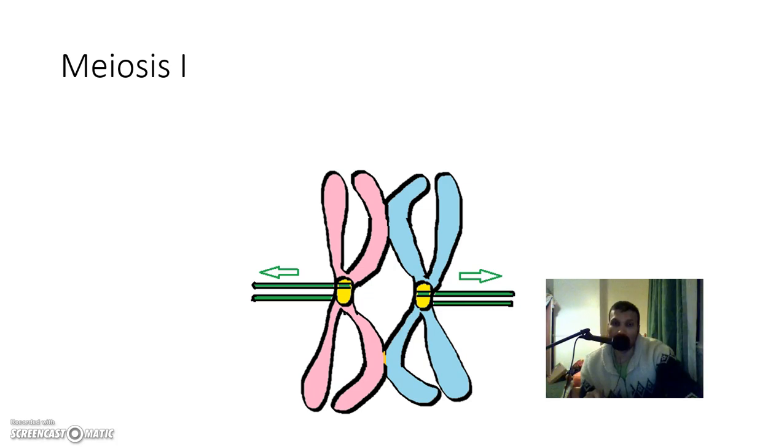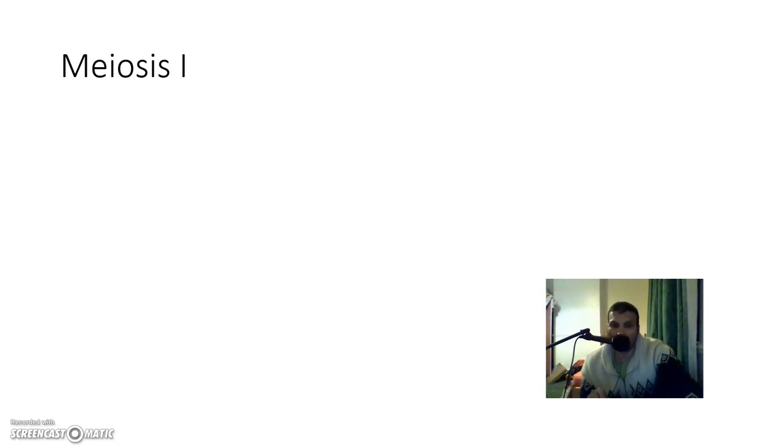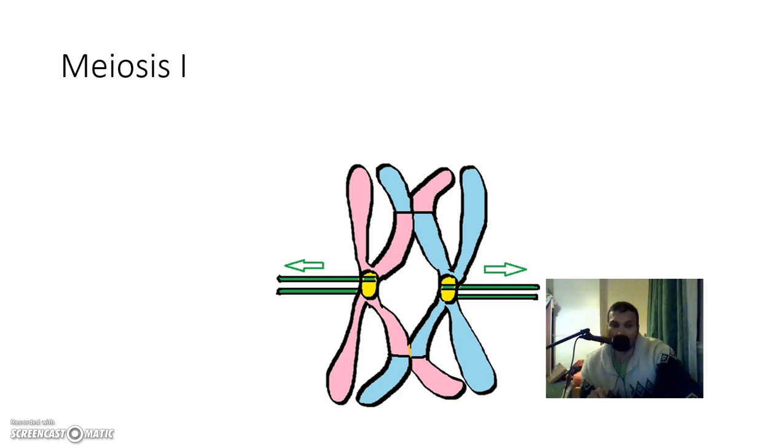This is the major difference between mitosis and meiosis, where you have mono-orientation in the first round of meiosis. The crossover of the chromosome arms leads to a lot of genetic diversity, which is required for sexual reproduction, and you have recombination because of the crossover.